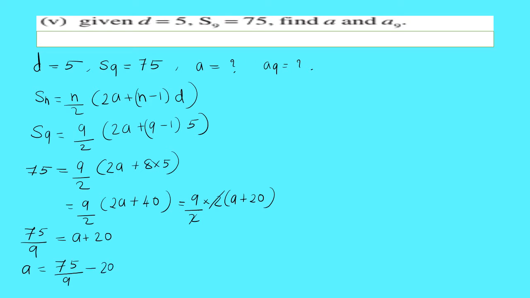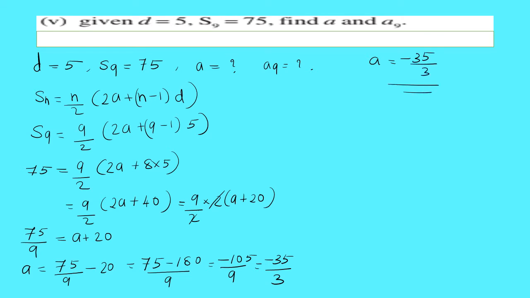That is 75 minus 180 upon 9, that is equal to minus 105 upon 9, that is minus 35 upon 3. So you are getting a equal to minus 35 upon 3.